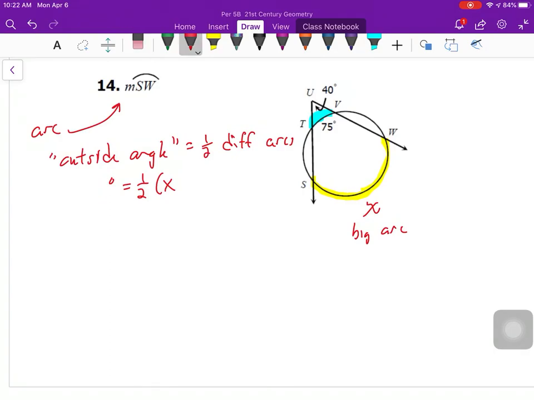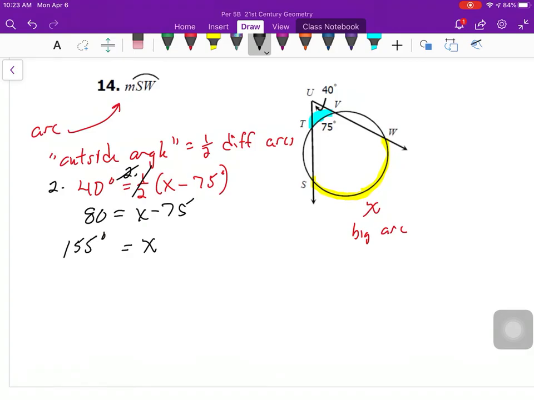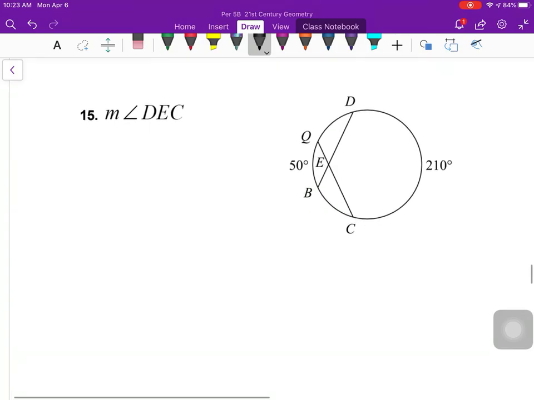So I have 75 degrees equals half, and then x, take that back. The angle is actually 40 degrees. The small arc was the 75. We'll multiply by 2. 80 equals x minus 75. Add 75, we get 155. So the measure of arc SW, 155.